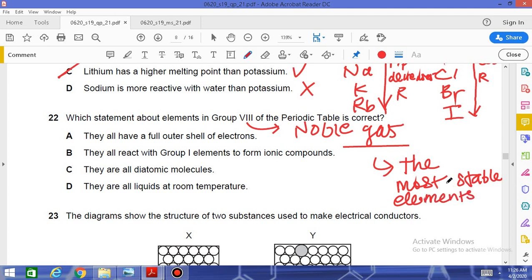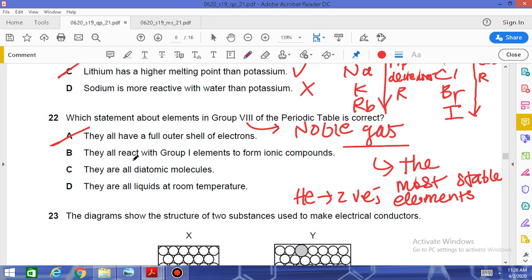Because they have a full electron configuration, full valence electrons, or full outermost electrons. All of them have 8 valence electrons except helium. Helium only has two valence electrons. Okay, so the answer is A. They all have a full outer shell of electrons.